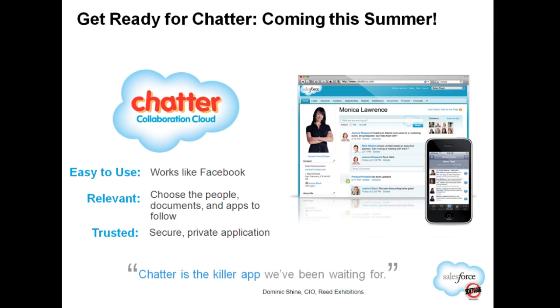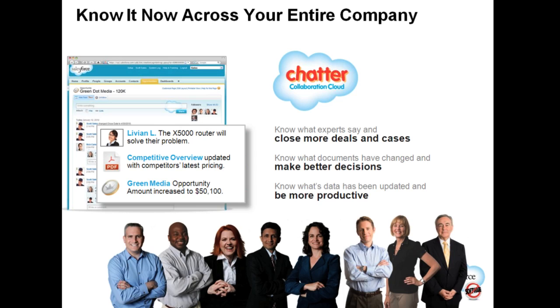The great part about this technology is that it borrows from leading consumer web technologies like Facebook and Twitter and brings them to the enterprise in a secure and trusted way, so that you can both follow your coworkers as well as follow the data and the content that's meaningful to you and have it come to you in streams and feeds, as opposed to sending out emails or searching an intranet site or using something like, I don't know, Lotus Notes or SharePoint to find the information and content that you need.